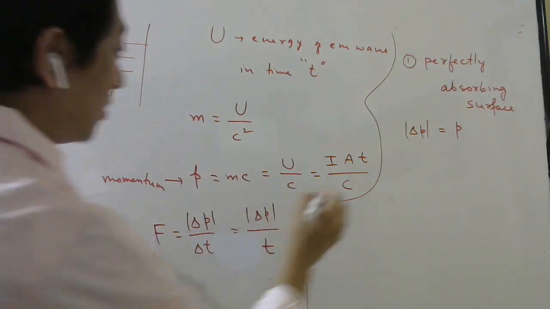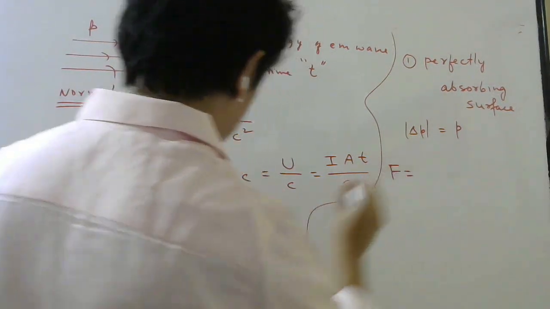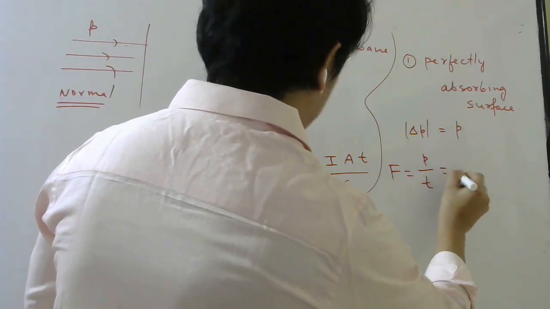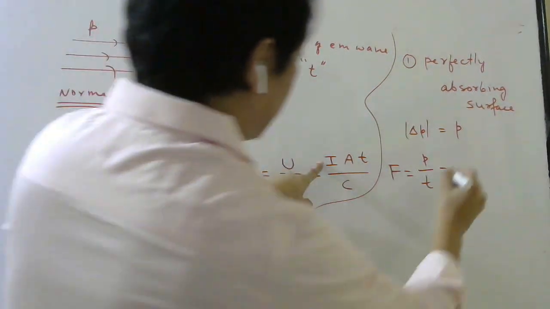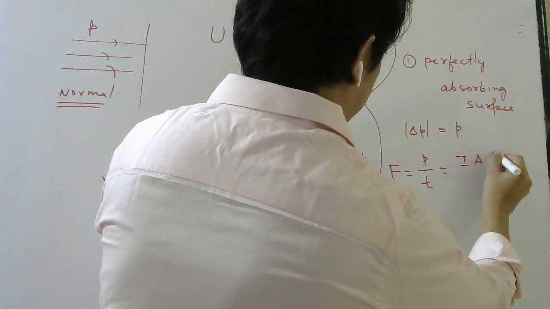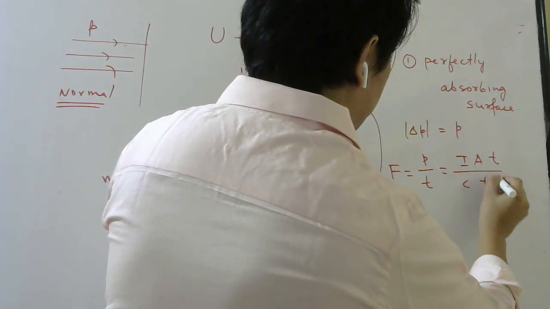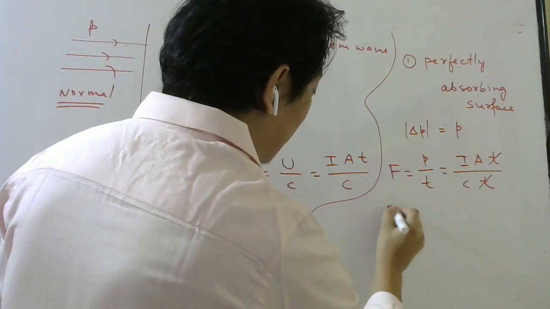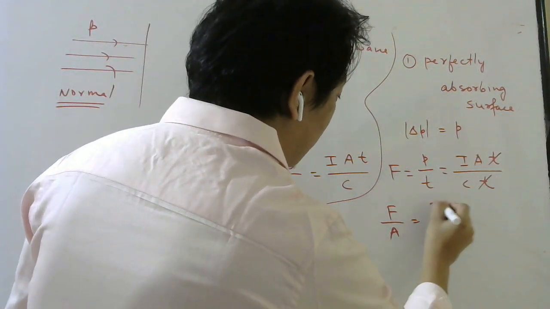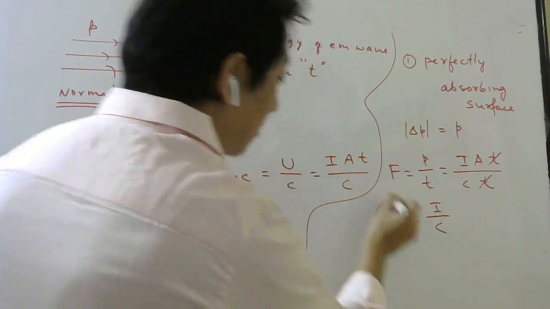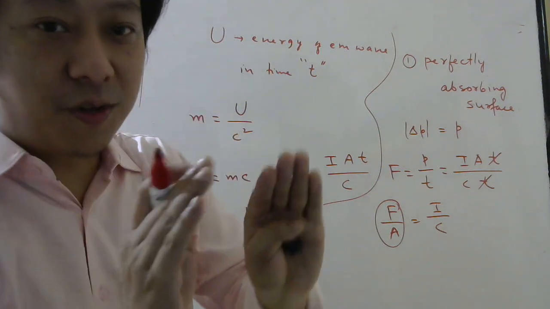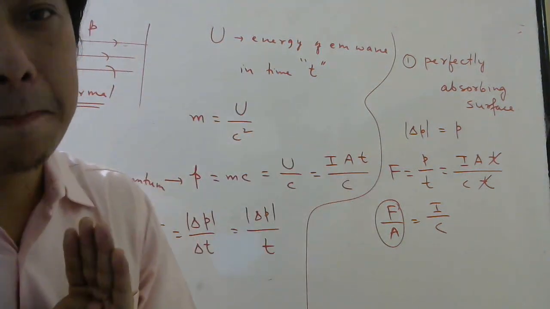Correct? So force now we can calculate. Change in momentum by time, so it will be P by t. P formula in terms of intensity I have written already. t cancels, right? Now see something interesting. If I bring this area here, this is what? Pressure. This is called radiation pressure because it is due to the force exerted by the radiation.